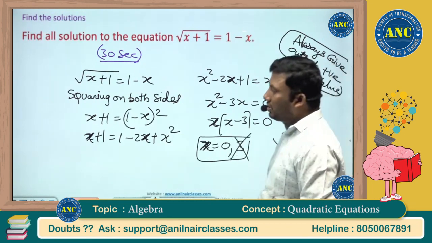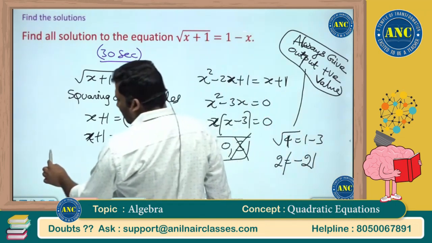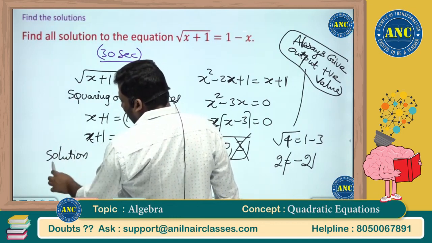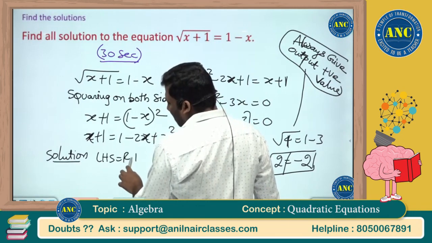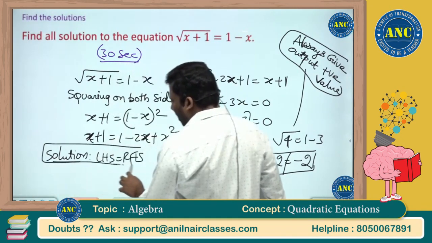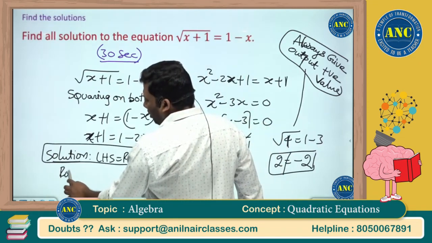How many solutions are there? Only one solution. What is the difference between a solution and a root? A solution will make left hand side equivalent to right hand side. What do you mean by root?